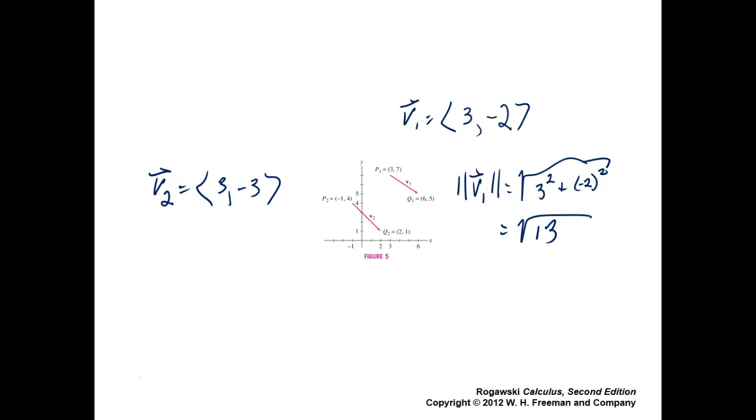First component squared, what's that? So it's a lot easier. That's why component form is the way to go most of the time with vectors. If you got it in that form, everything pretty much is easier to do. But if you weren't given component form, yeah, the way you did it was absolutely correct. The square root of (6 minus 3) squared plus (5 minus 7) squared. Get you something. All right, any questions on that?